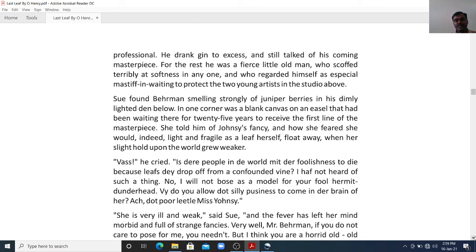She told him of Johnsy's fancy. So Sue told Behrman about Johnsy's fancy with the ivy leaves falling, and how she feared she would indeed, light and fragile as a leaf herself, float away. And then Sue tells that she is really afraid that Johnsy was very thin and fragile, very weak, like an ivy leaf itself.